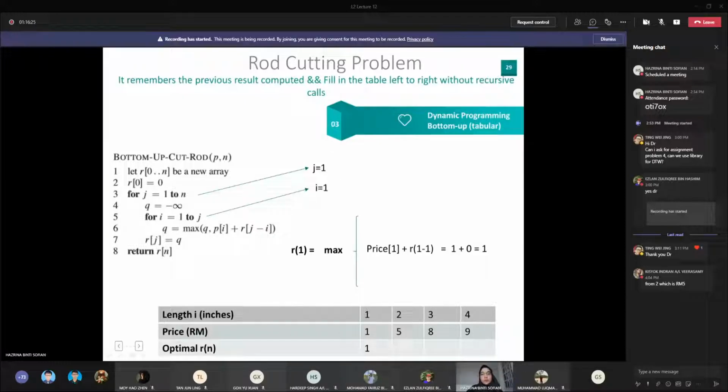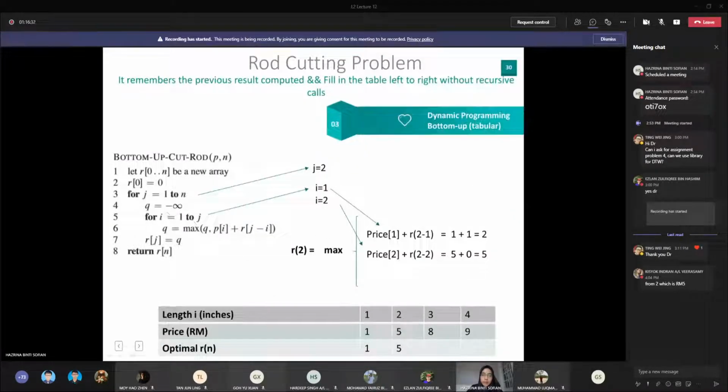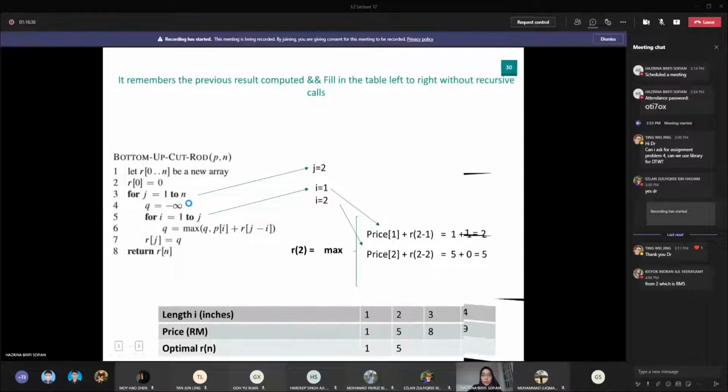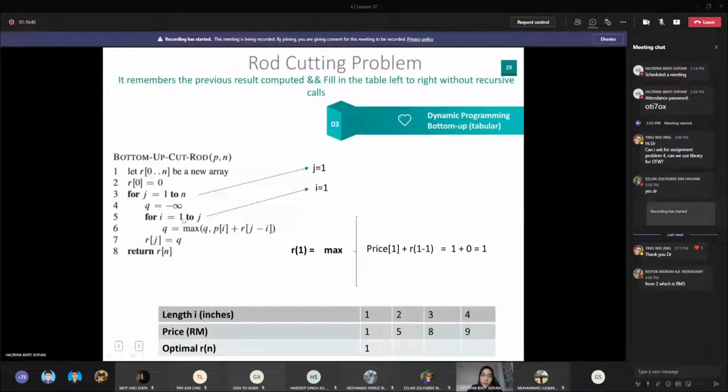Okay, so we just repeat the same process, whereby right now we increase j, because previously there was only one max value. For this, i to j, i is already reaching 1, so we finish it, break out from this loop, and then we re-enter again where j equals 2.